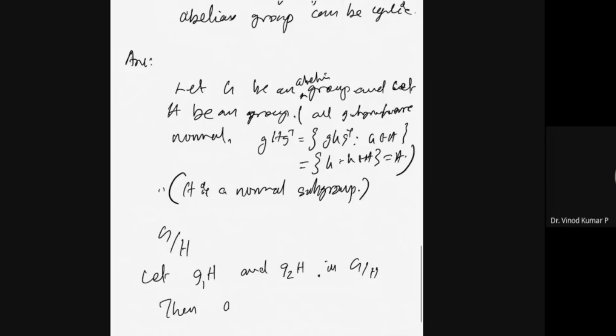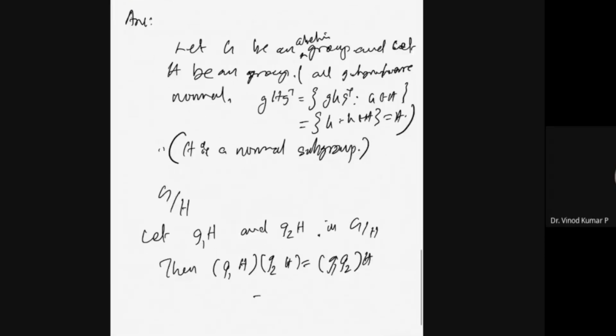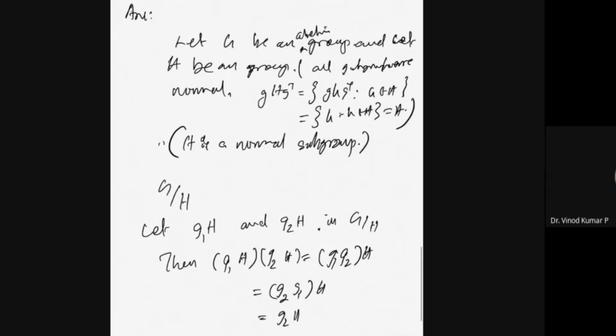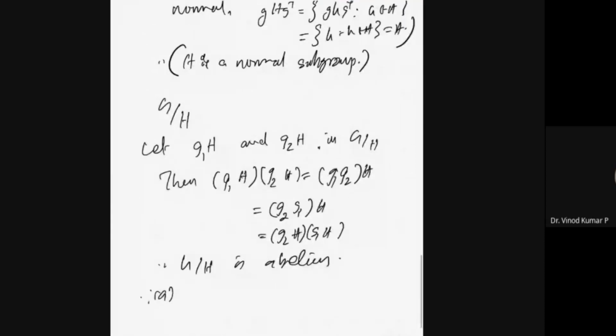Then g1H times g2H is by definition g1g2H, and by commutativity of G this is g2g1H, which is equal to g2H times g1H. So G by H is abelian. Okay, so statement A is true.